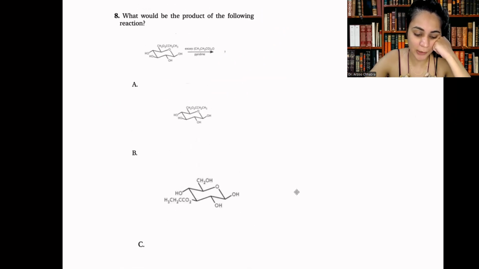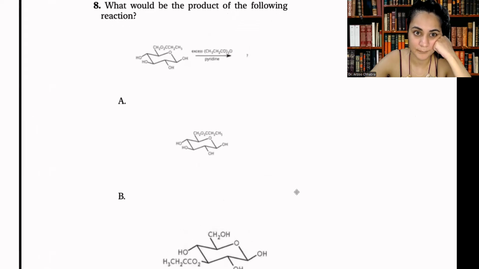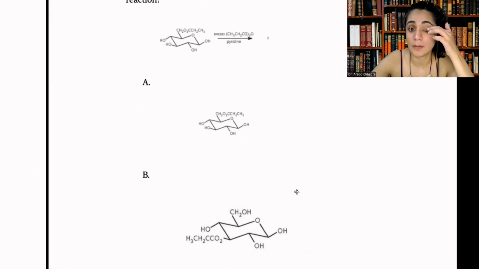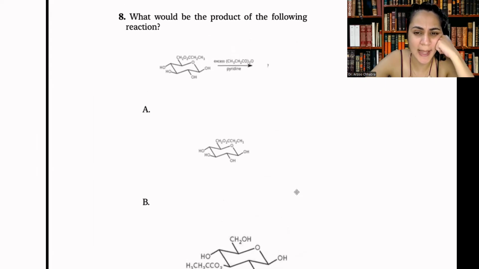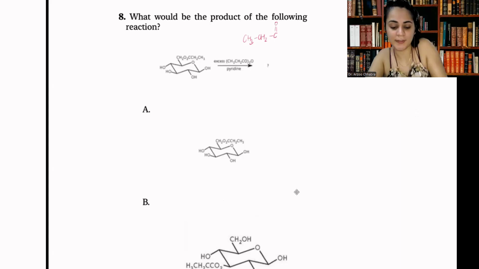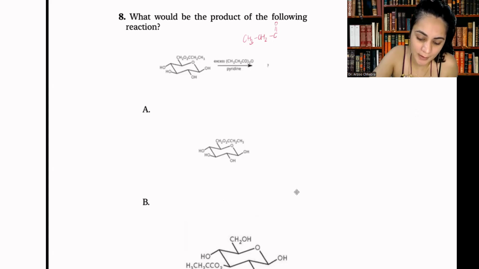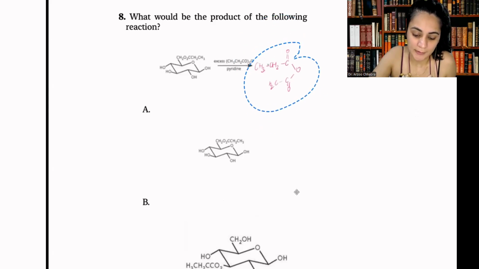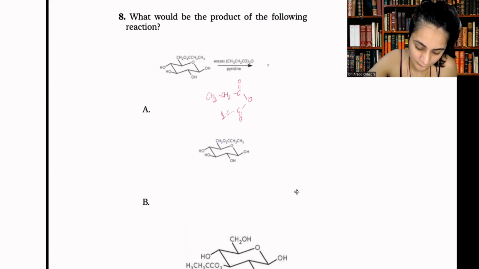What would be the product of the following reaction? So we actually have anhydride, CH3CH2C double bond O, then oxygen and C double bond O, and CH2CH3.